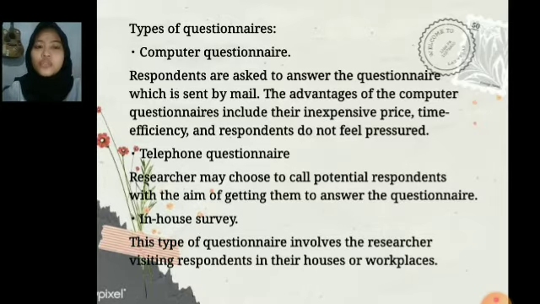Researchers may choose to call potential respondents with the aim of getting them to answer the questionnaire. And then number three, in-house survey. This type of questionnaire involves the researcher visiting respondents in their houses or workplaces.